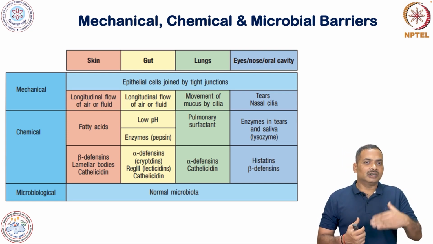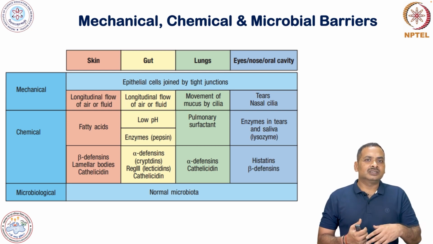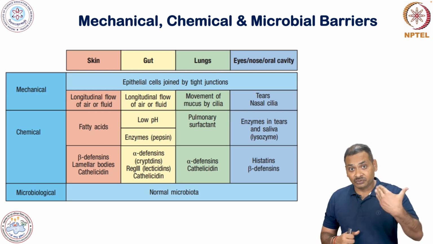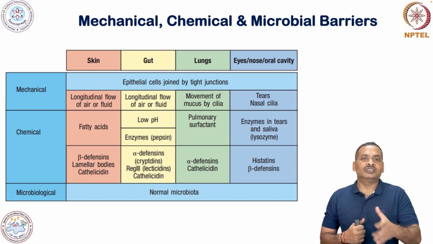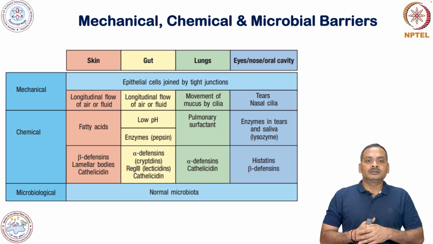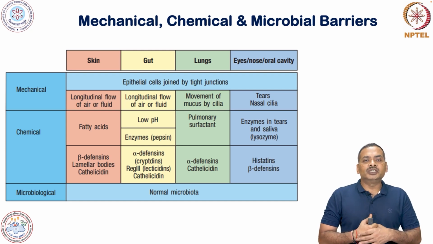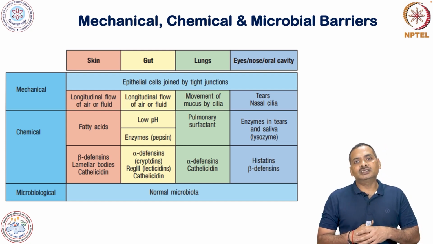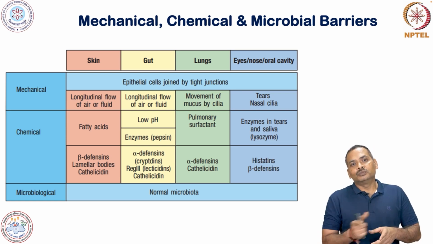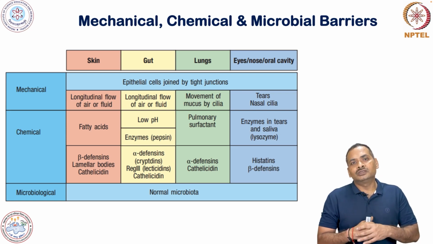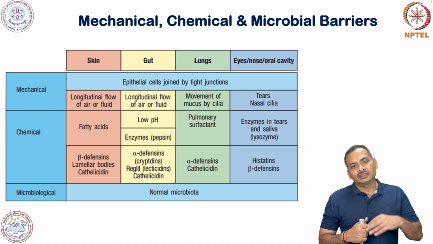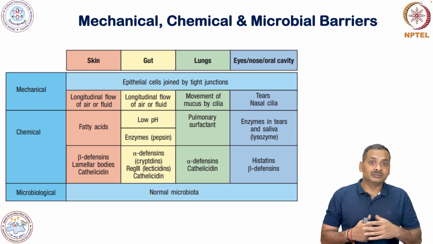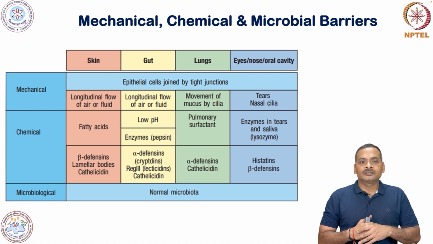In our gut there is a continuous flow of mucus that prevents the attachment or entry of microbes. In lungs also there is a movement of mucus by cilia. The cilia keep on moving, doing this job and making the mucus flow. That is another mechanical barrier.